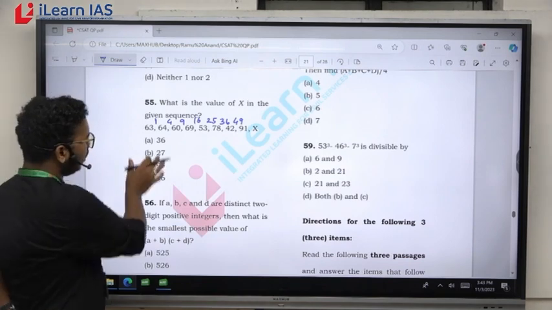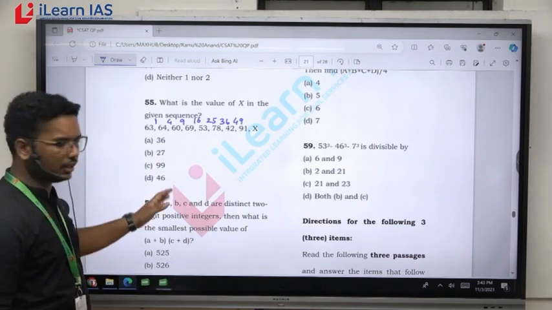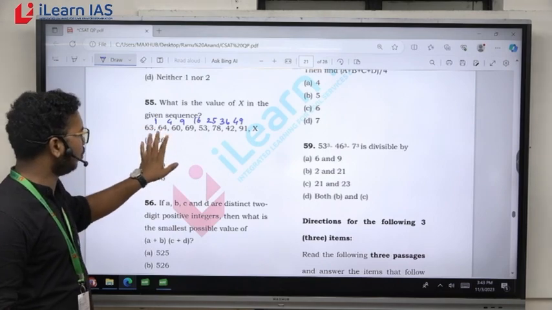See, we don't just take the minus. We just take the difference: 64 minus 63.